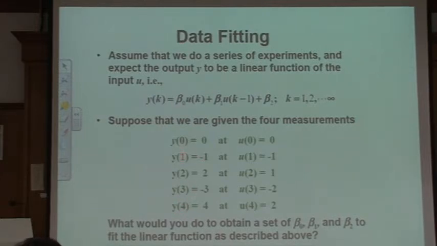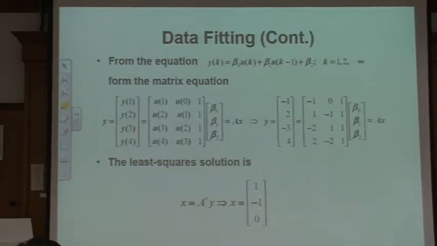These y1, y2, y3, y4 depend on this difference equation here: beta 0 times uk plus beta 1 times uk minus 1, something like that. Now, how can you find the best pair of beta to fit the data you have with the minimum error? How can we do it?